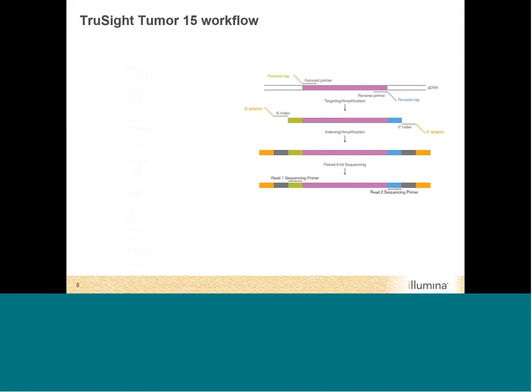I want to highlight the TrueCyTumor 15 workflow because it is a little bit different compared to all the other amplicon workflows that we have. So here, in our first step, we have primers that actually anneal in a traditional PCR. So we have a forward and a reverse primer. Those are generating our amplicon.